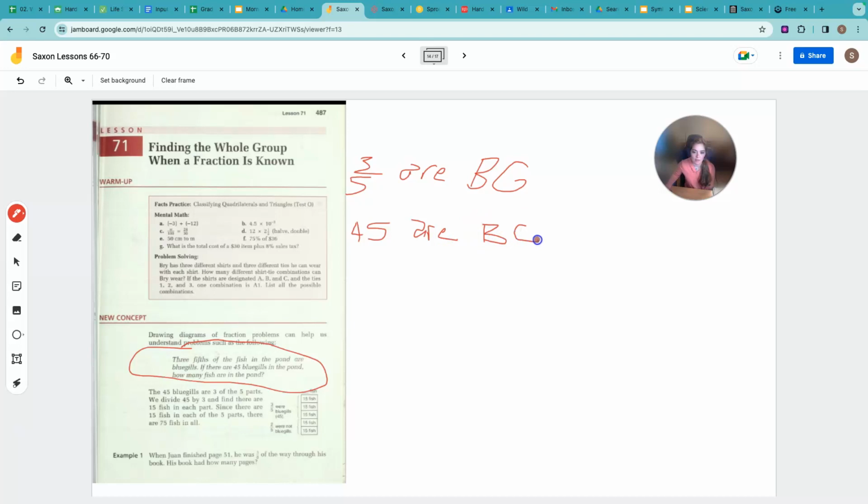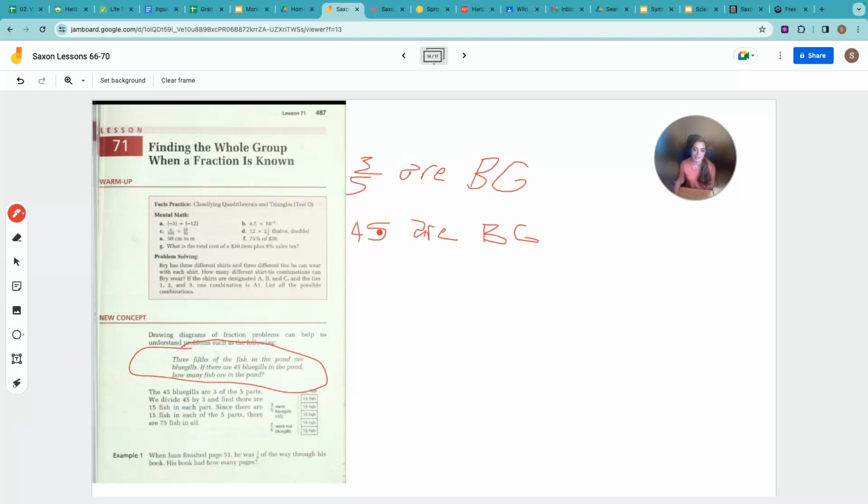So, we know that 3/5 is equal to 45 bluegills, right? So if the 45 bluegills are 3 of the 5 parts, what we're going to do is divide 45 by 3 to figure out what 1/5 is.